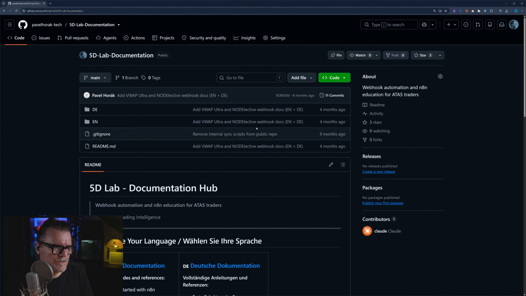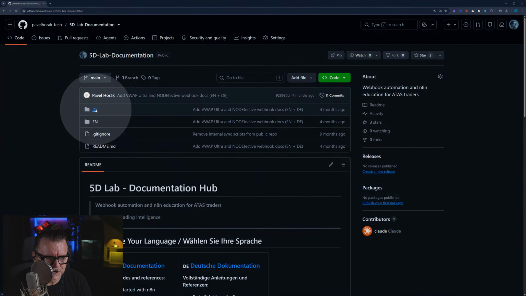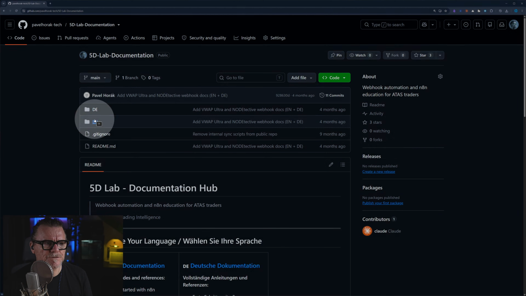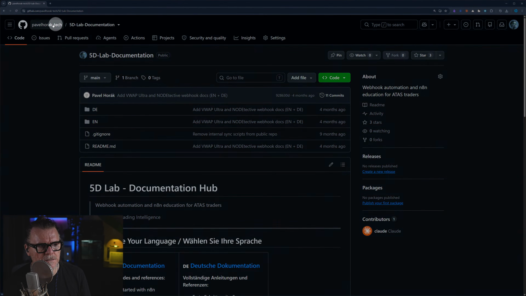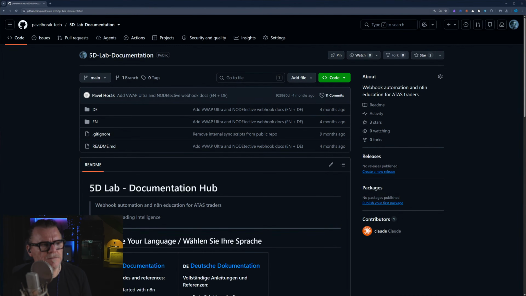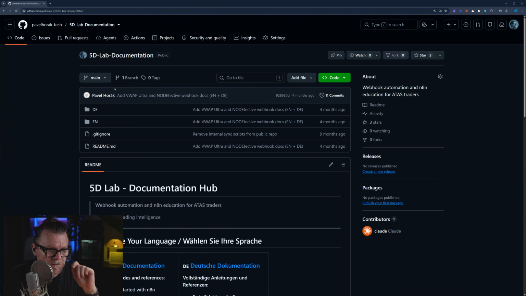Do you see it? Yes, you do. And there is the documentation about the webhooks, about the indicators in the ultra version. This is the address: GitHub Pavel Horiak Tech 5D lab documentation. It's publicly available. If you go to Discord, I will give you this address.